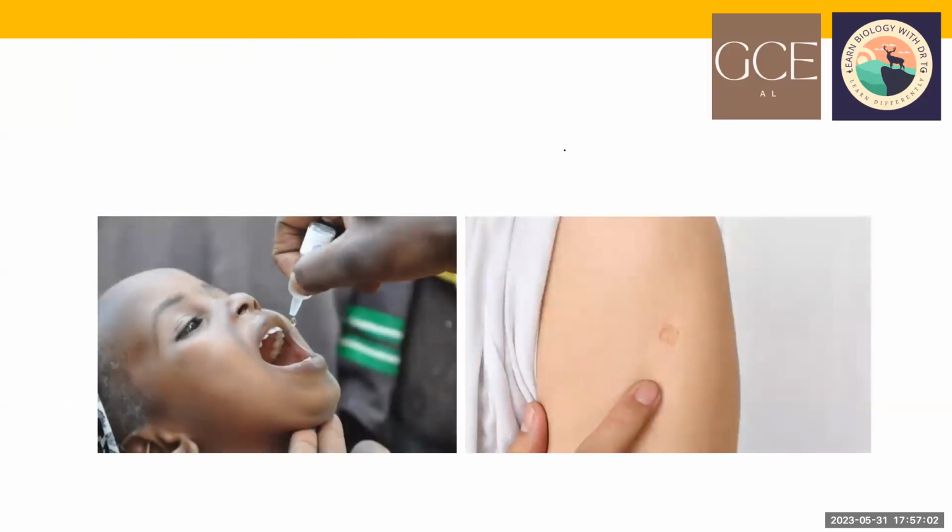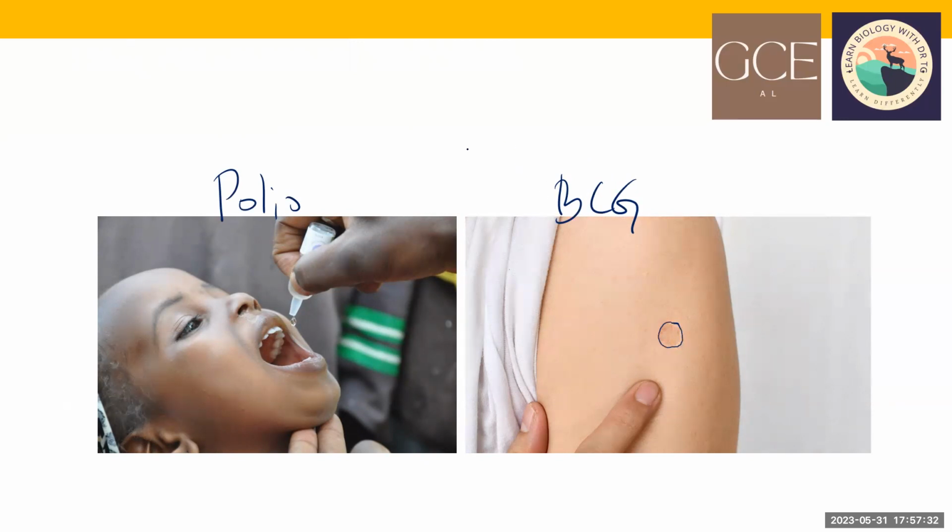Here two good examples: the oral vaccine of polio, and BCG. I think all Sri Lankans get these two vaccines, polio and BCG. And I think every person, if you look at your hand, has this kind of mark, a tattoo. This is our natural tattoo. It's a confirmation of BCG.